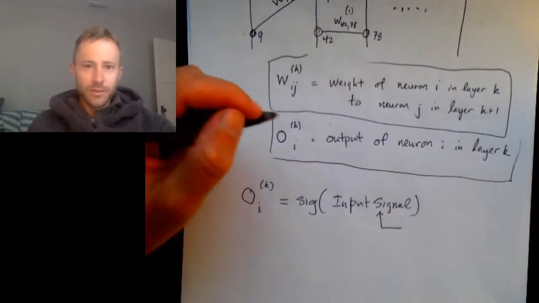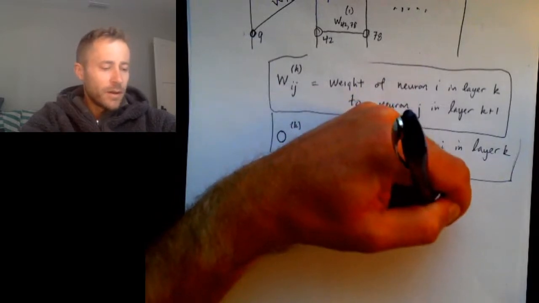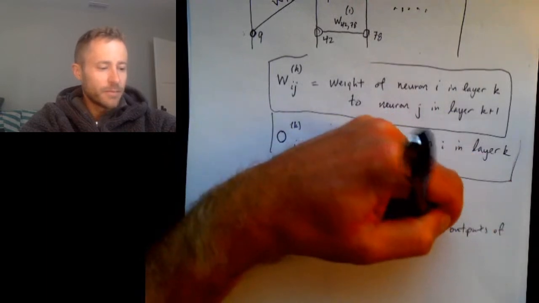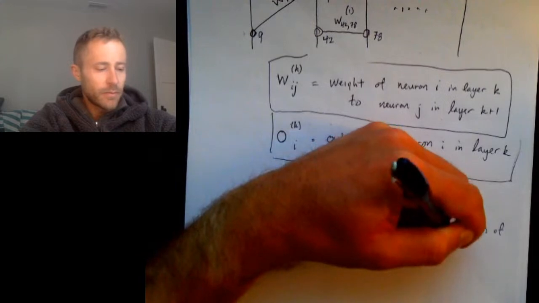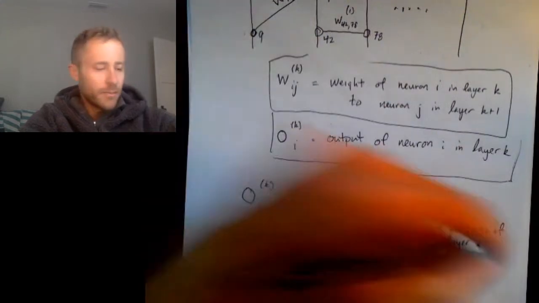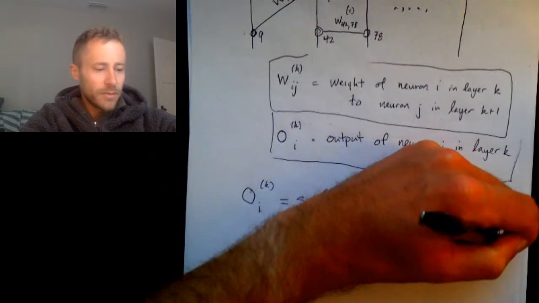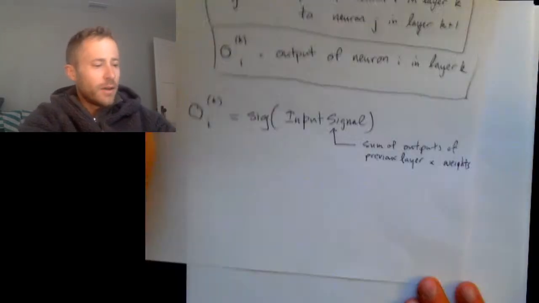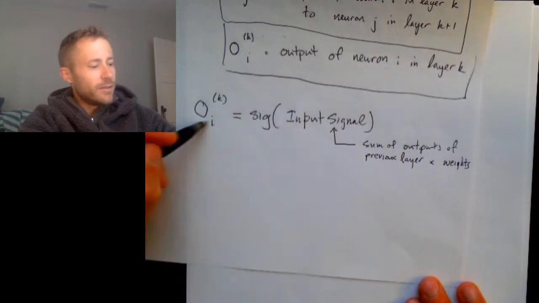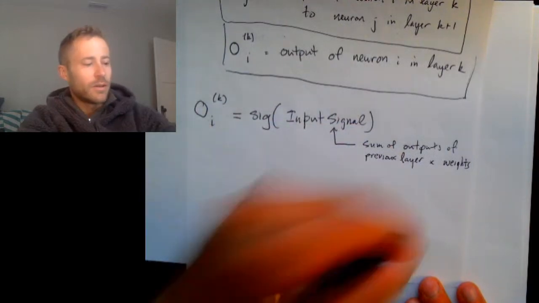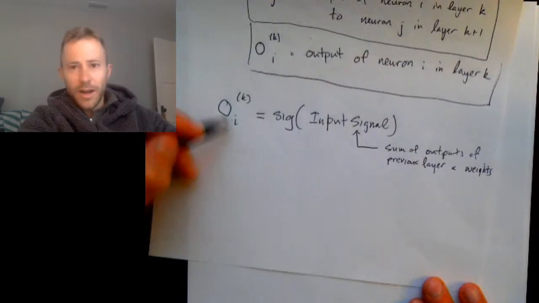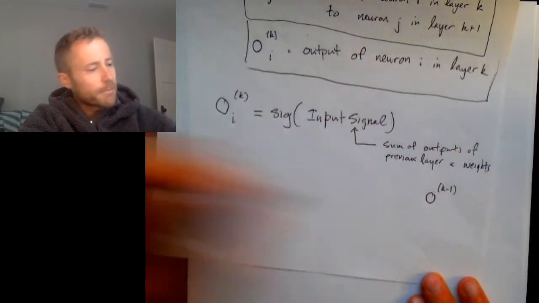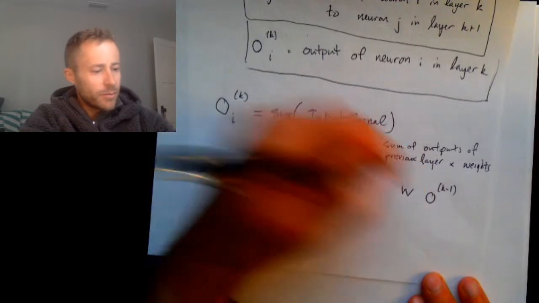Well, the input is the sum of the outputs of the previous layer multiplied by the link weight. Okay, so how could we express that? Well, what are all of the neurons that link in to node I? Okay, so we would have the output. I'm just going to write it out and then explain it. That'll be easier.